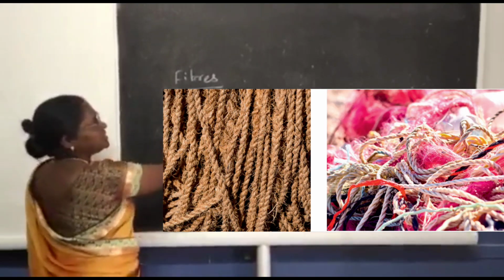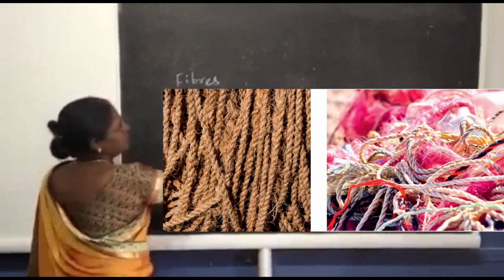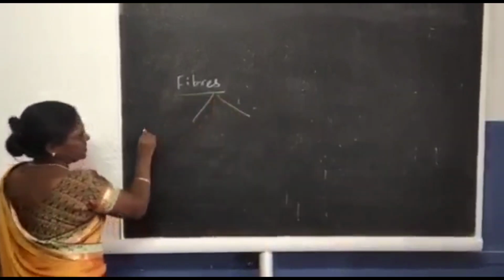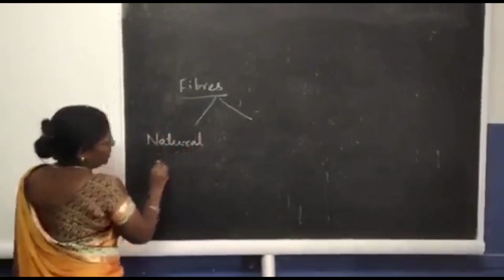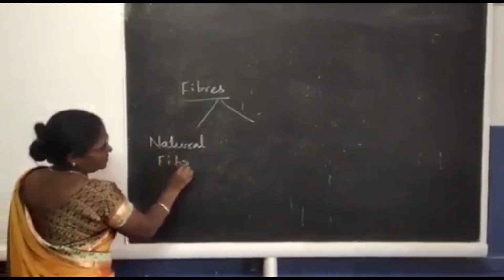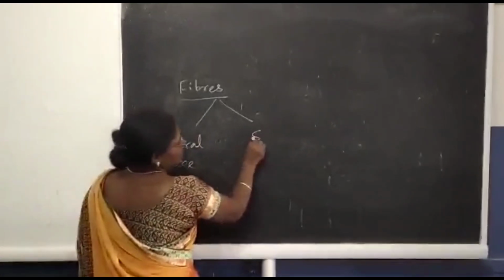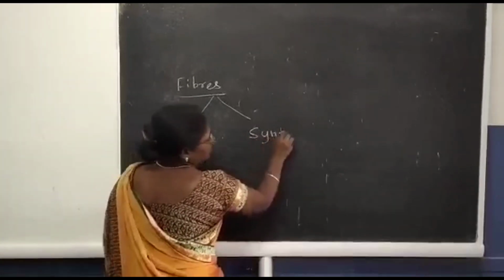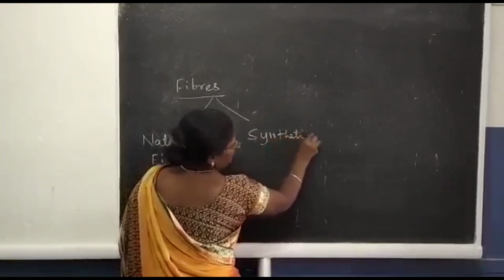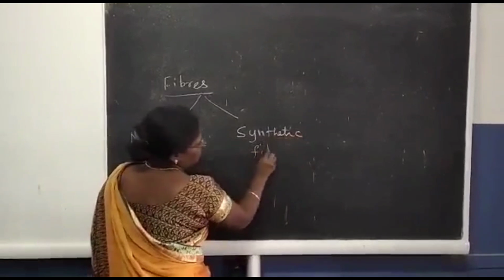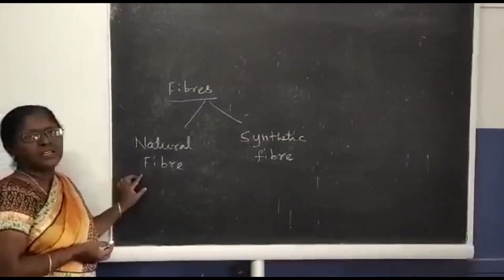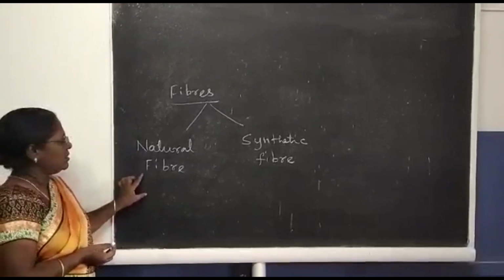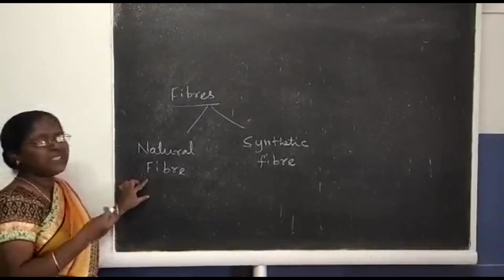Here these fibers can be classified into two types. One is called natural fiber. Another one is called synthetic fiber. A natural fiber is a long strand of interwoven linear structures.